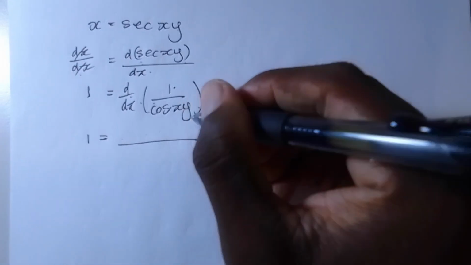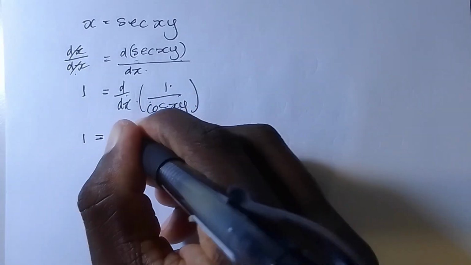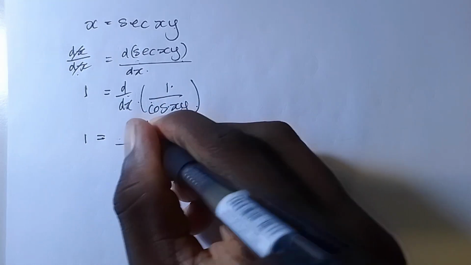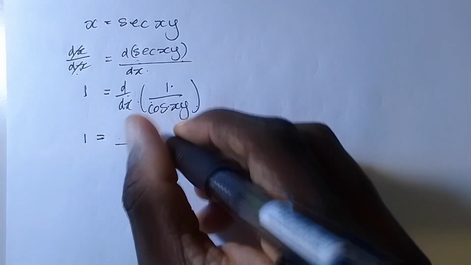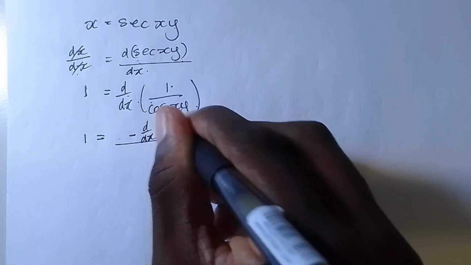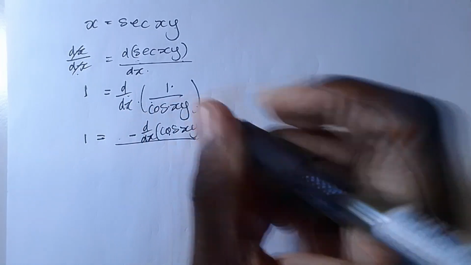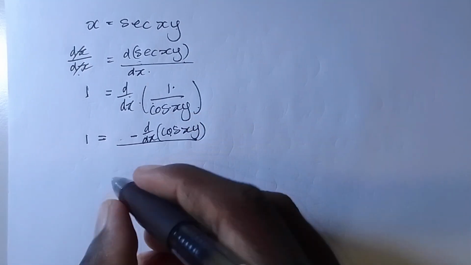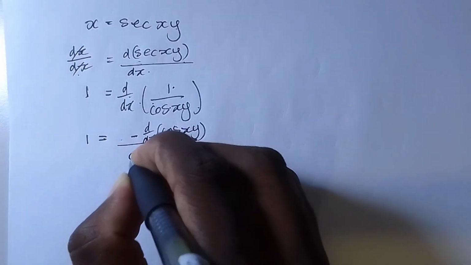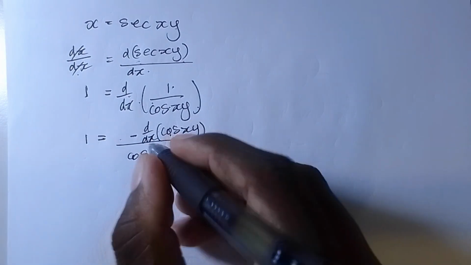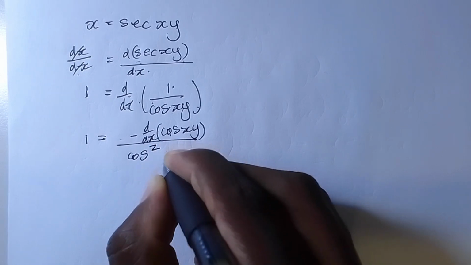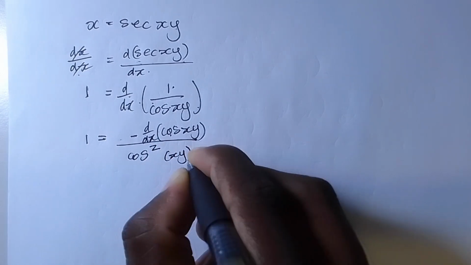And then the second term would be minus 1 multiplied by the derivative of the bottom, d on dx of cos xy. And then at the bottom, you need to square the bottom, cos squared xy.